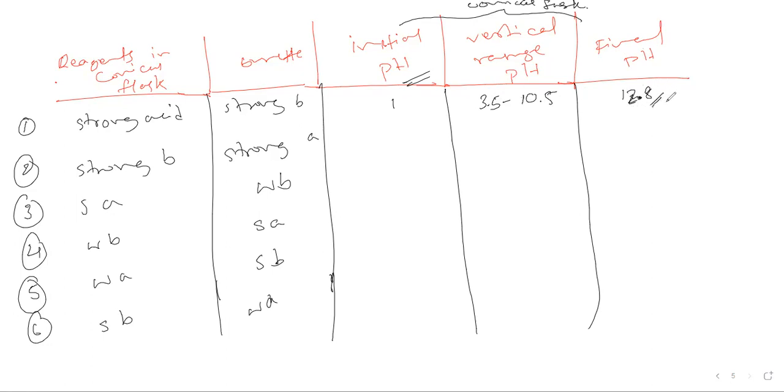So 0.2 less when an alkali is being added to the conical flask, for the base, and 0.2 more when the final pH is in the acidic part.